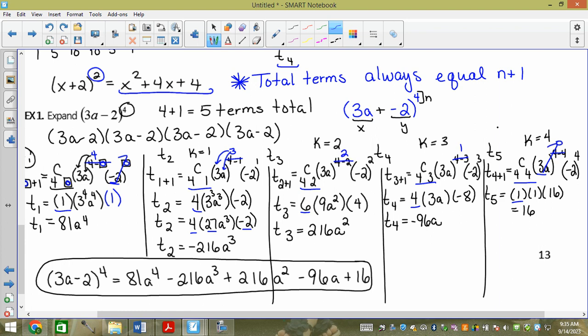So that is that expanded, right? You've done that right before. They could ask you to expand the whole binomial, and you'd have to do every single one sequentially. But more often than not, they do what's on the next page.